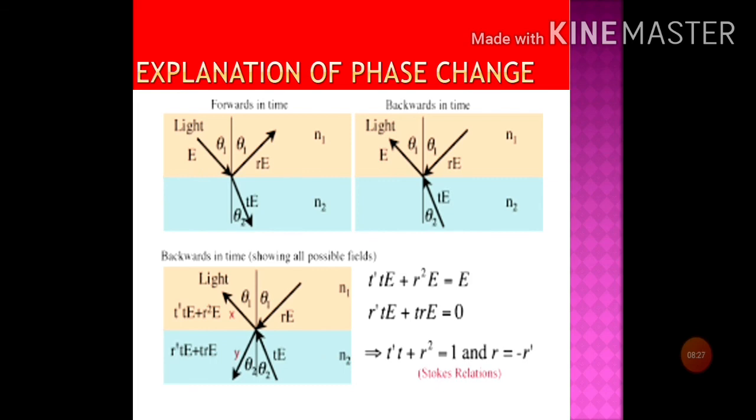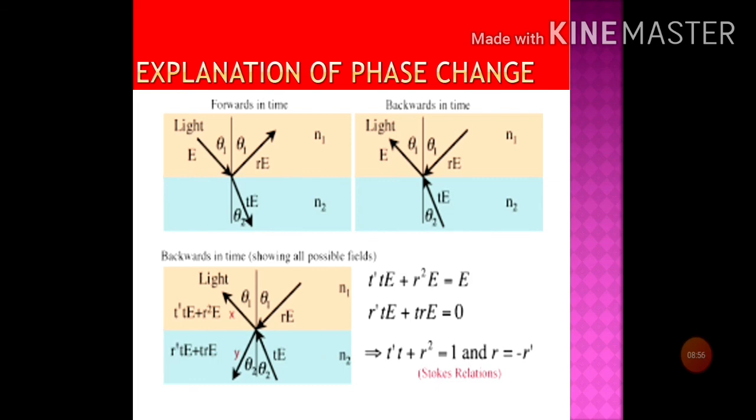So if we compare the wave reflected from medium 1 with the wave reflected from medium 2, we can say that in one the reflected amplitude is taken as positive, and in the other it is taken as negative. Or we can say one of them must be undergoing a phase change of pi, or a phase change of 180 degrees. So this is a very, very important relationship.